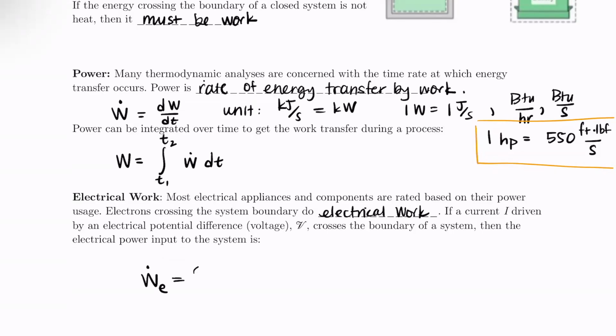And this is equal to, hang on, I don't like that, V times I. I'll try to make this V distinguishable from velocity V or volume V. So many V's.